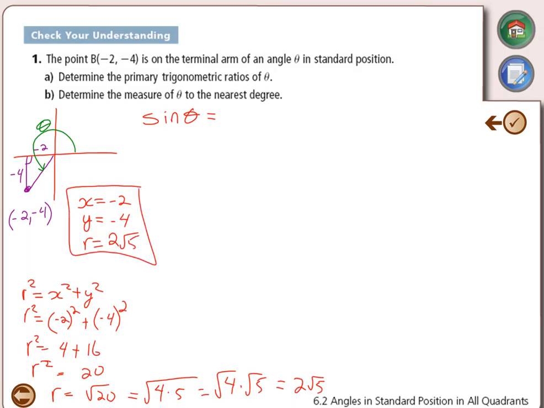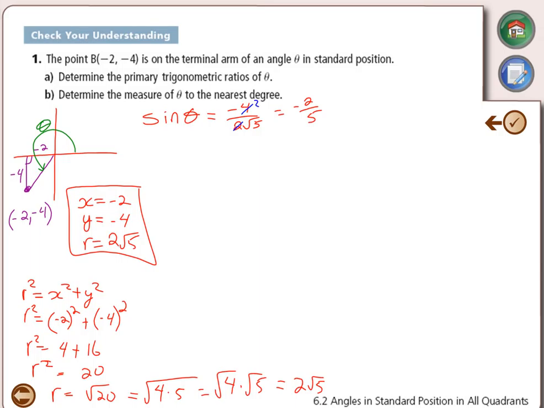Now I can use those three and deal with my sine. Sine is y over r. Y was -4. R, 2 over root 5. Take it down to lowest terms. I can divide a 2 out of each of them. So that's going to leave me with -2 over 5.